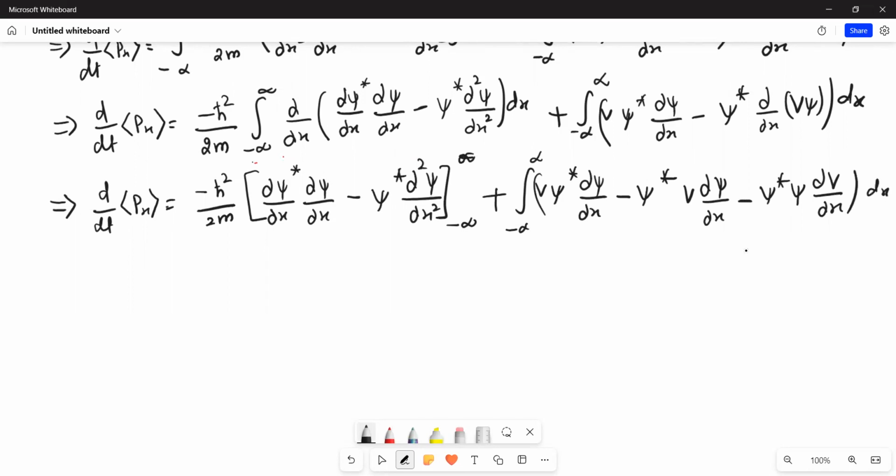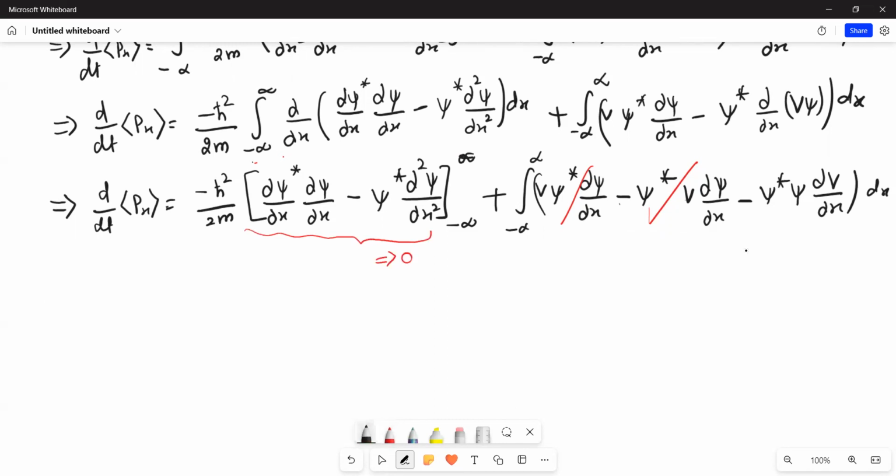And here you see V psi star dou psi by dou x, and here minus V psi star dou psi by dou x. So both are plus and minus, so you can cancel. And if you substitute infinity and minus infinity in this term, it again becomes 0.